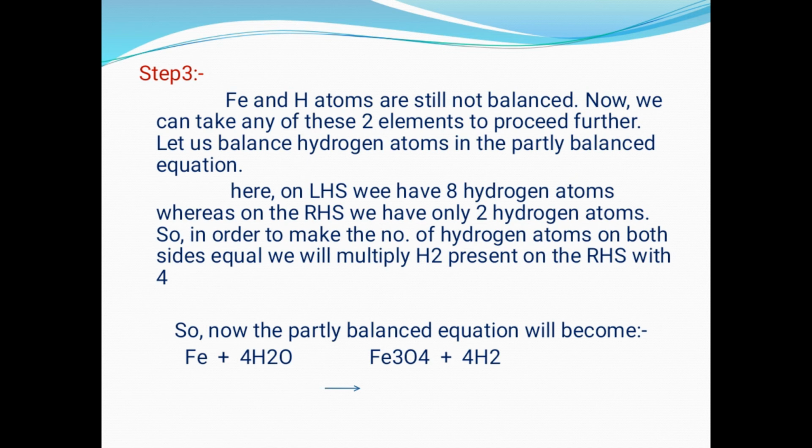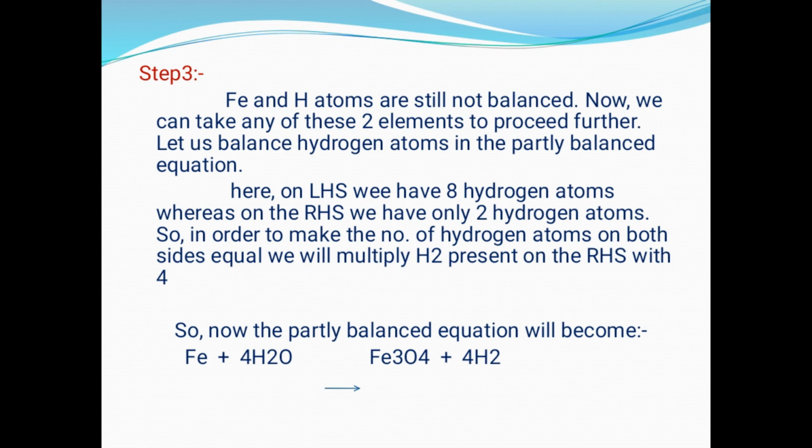So if we multiply with 4 here, we will get 8H on products as well as 8H on reactant. So now our chemical equation is balanced with respect to H, but it is not balanced with respect to Fe.